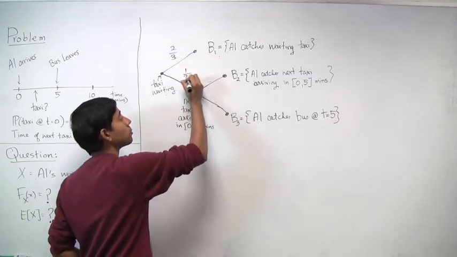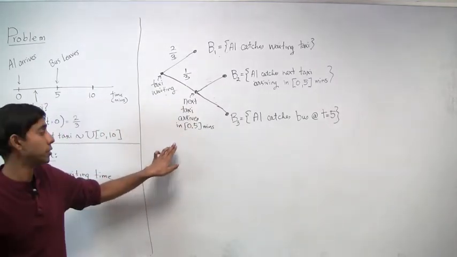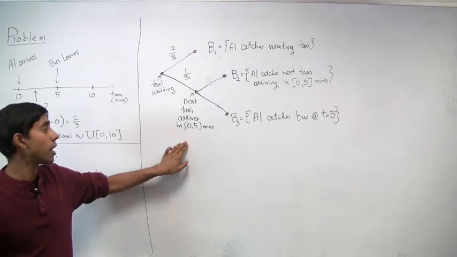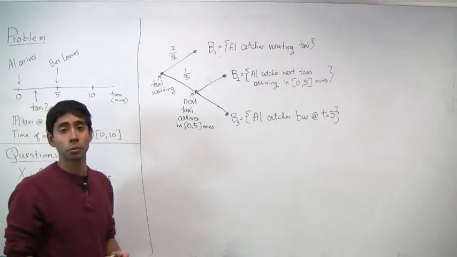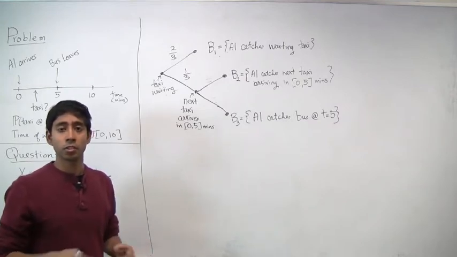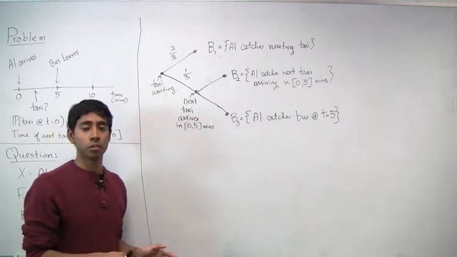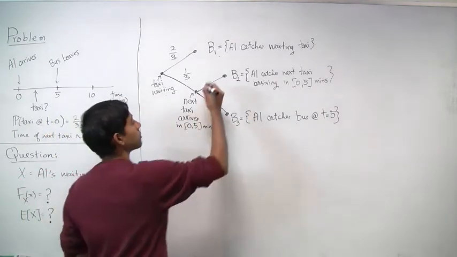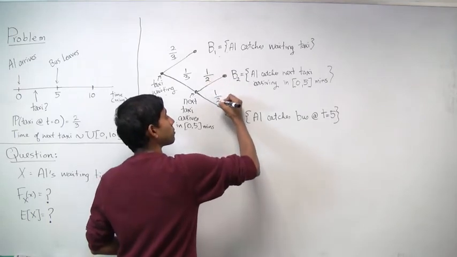Otherwise, with 1/3 probability, we see whether or not a taxi is going to arrive between 0 and 5 minutes. If it arrives, which is going to happen with what probability? Well, we know that the next taxi is going to arrive between 0 and 10 minutes, uniform. It's a uniform distribution, and so half the mass is going to be between 0 and 5, and the other half between 5 and 10. And so this is going to be 1/2 and 1/2.